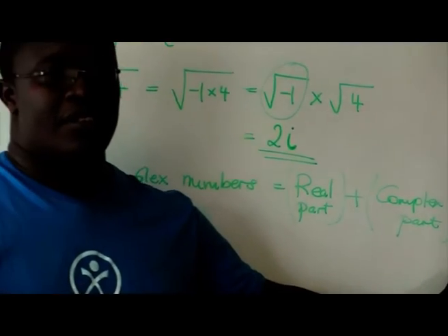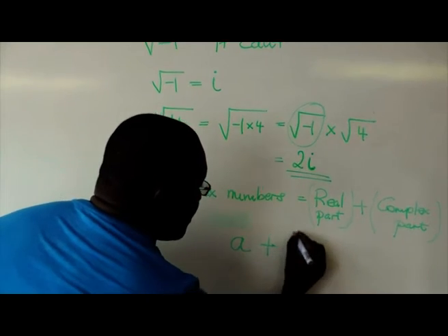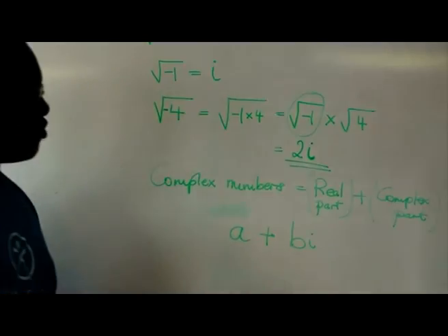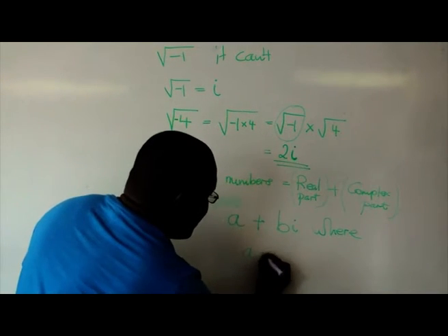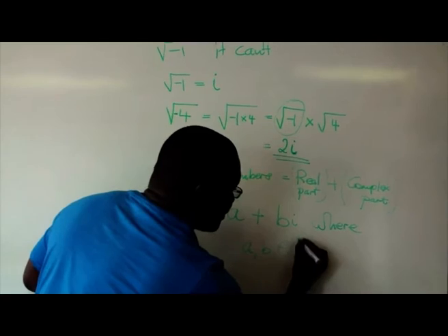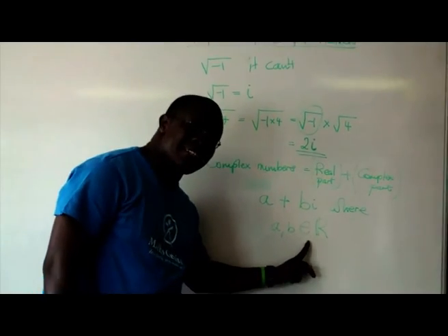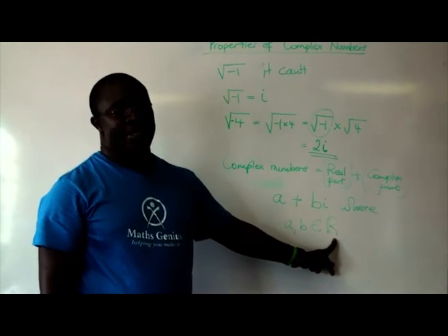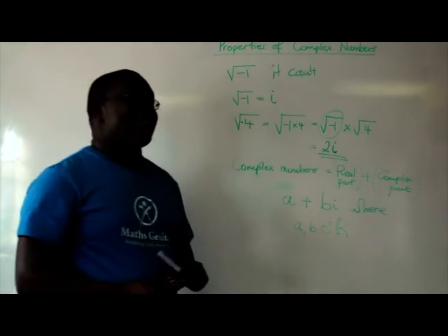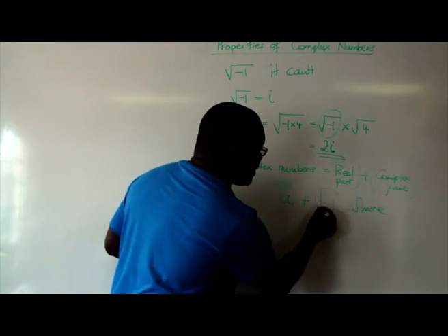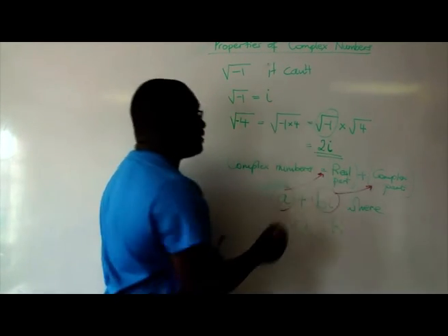A general complex number is of the form a plus bi, where a and b are real numbers, where a and b are elements of the set of real numbers. So in this example, this is your complex part and this is your real part.